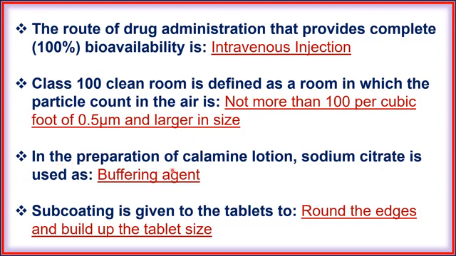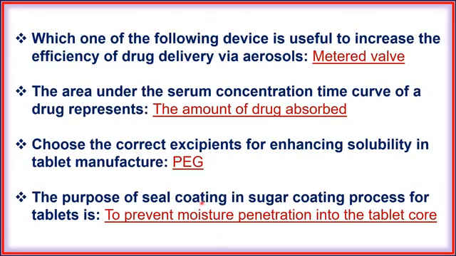Next, in the preparation of calamine lotion, sodium citrate is used as buffering agent. Next, subcoating is given to the tablet to round the edge and build up the tablet size. Next, which one of the following device is useful to increase the efficiency of drug delivery via aerosols metered valve?